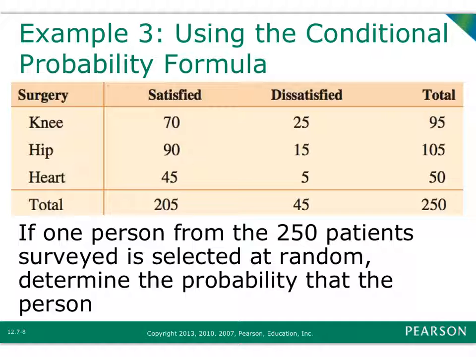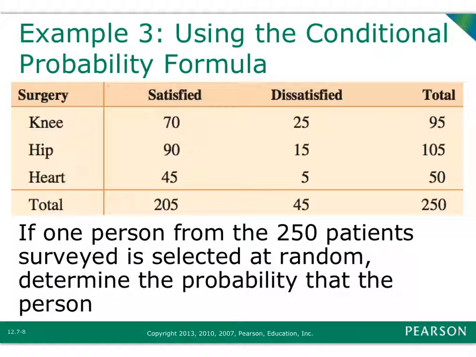In other words, they don't have numbers associated with them. I could either be satisfied or dissatisfied with my surgery, and the types of surgeries are knee, hip, or heart. The rows are the surgery type, and the columns are whether it's satisfied or dissatisfied.